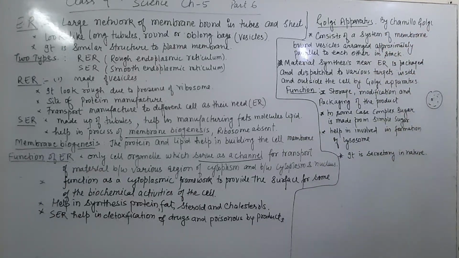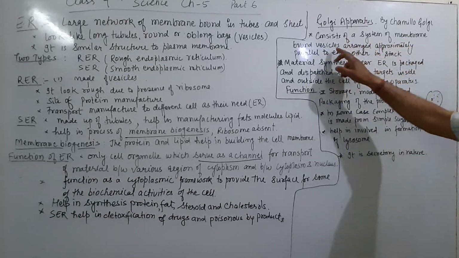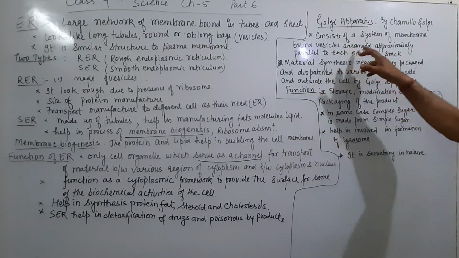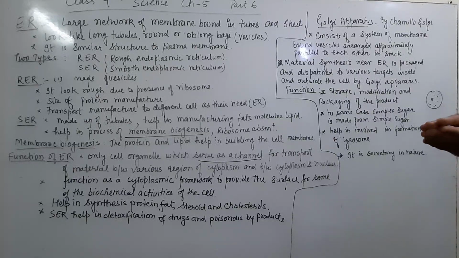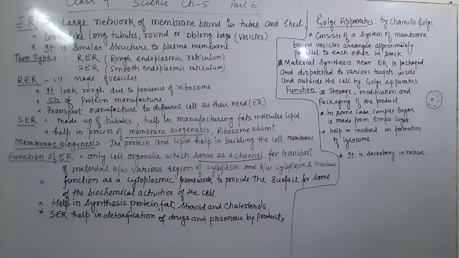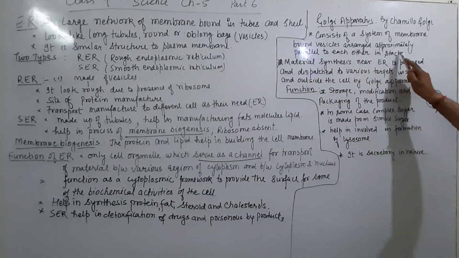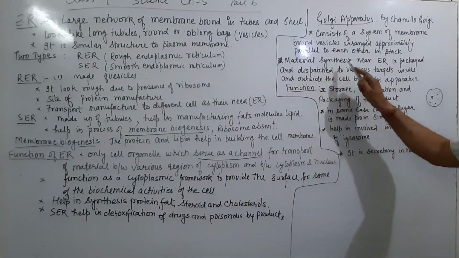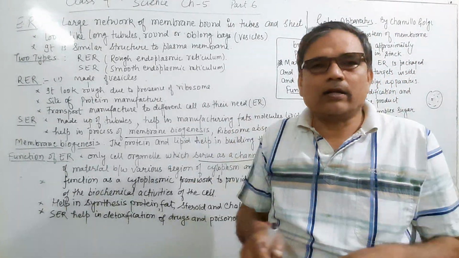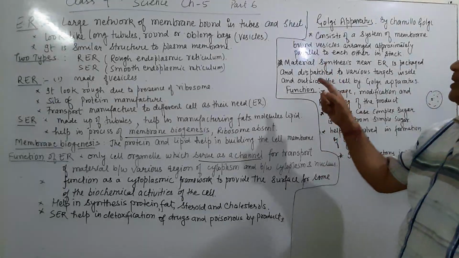The Golgi apparatus was discovered by Camillo Golgi, and consists of a system of membrane-bound vesicles, or sacs, arranged approximately parallel to each other in the form of a stack, known as cisternae. Second, the material which is synthesized or manufactured near the ER is transported by the Golgi apparatus.